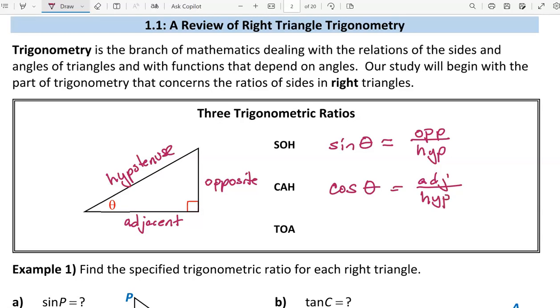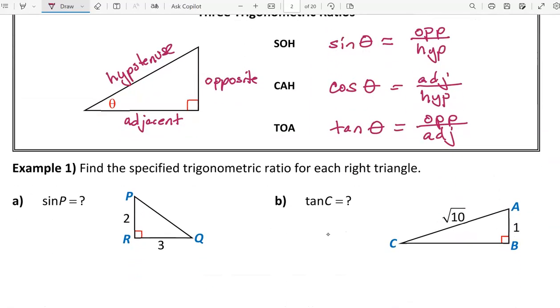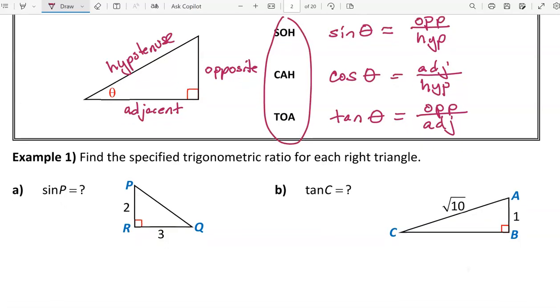And the tangent of theta is equal to the opposite side length over the adjacent leg length. And we remember this with the mnemonic device SOHCAHTOA.